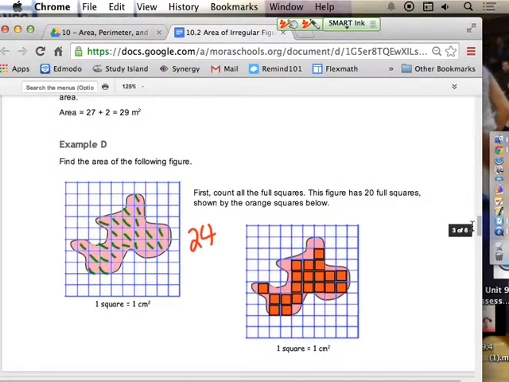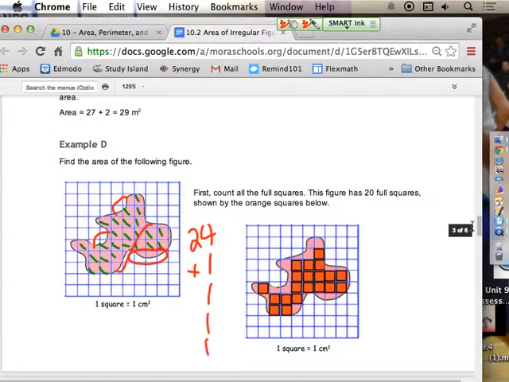Now, can I put some of them together to make another one? I'm going to put those together and make one more. And I'm going to put these two together and make one more. And then these two together and make one more. And maybe these two together and make one more.